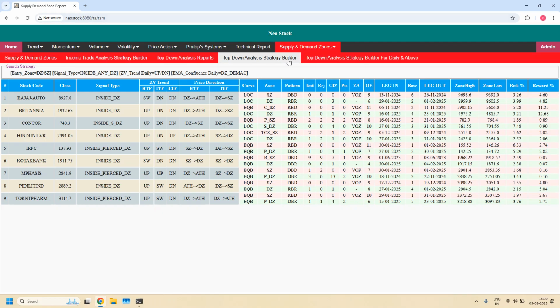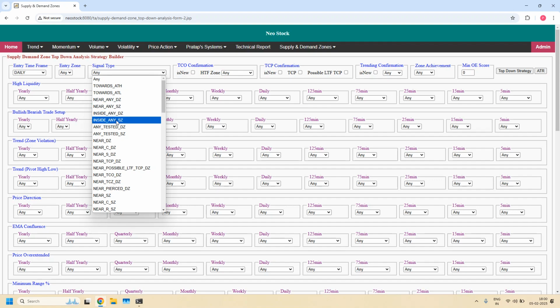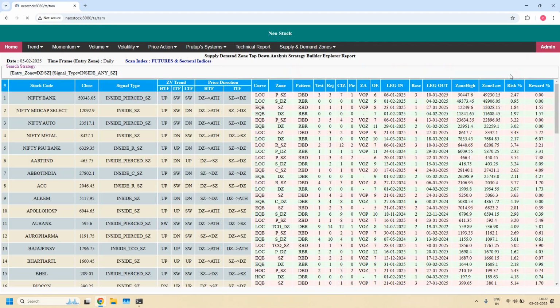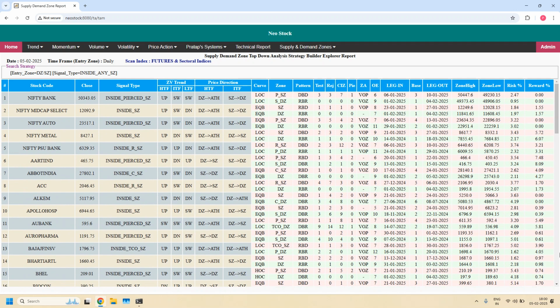Okay, next, for daily time frame, price closed inside the daily supply zone. We got 65 stocks. Let us identify, but first let me scroll the list down quickly.